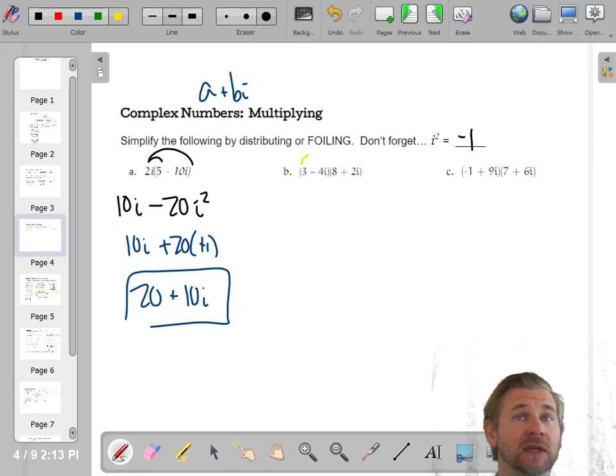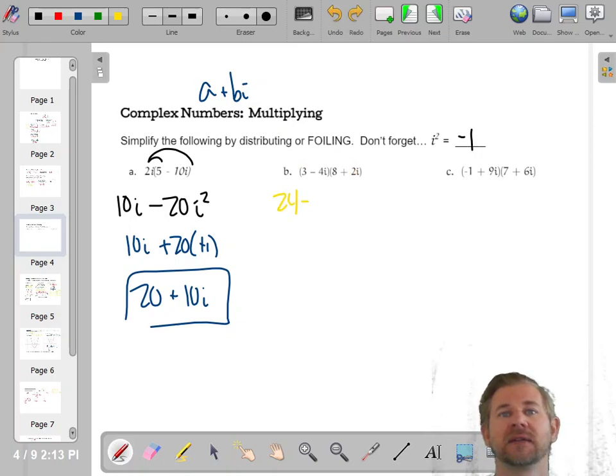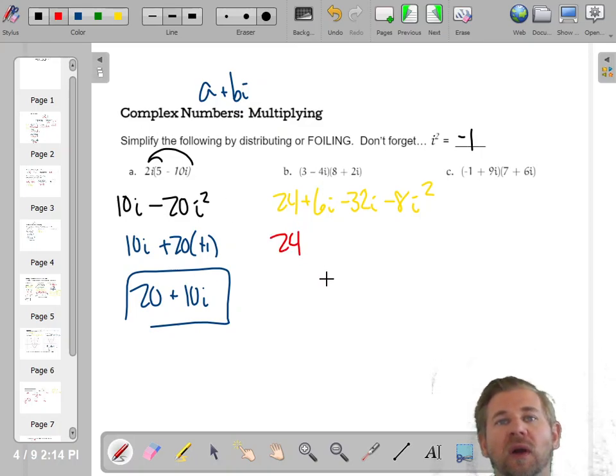If you have to FOIL, 3 times 8, 24. 3 times 2i, 6i. 8 times 4 is -32i. And -4 times positive 2 is -8, and i times i makes i squared. So what can we do now? 24, 6 minus 32.